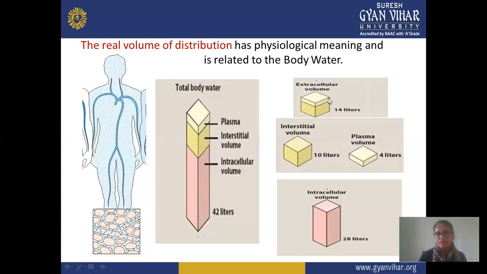It is also less than extravascular volume. And next is plasma volume. Plasma volume is very much less compared to any other volume, approximately 4 liters in your total body water. This is all about the volume distribution of fluid in your body, or total body water.